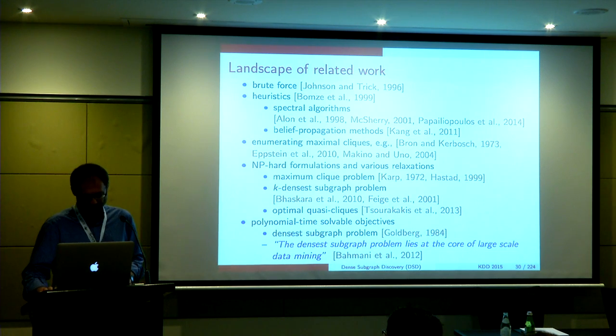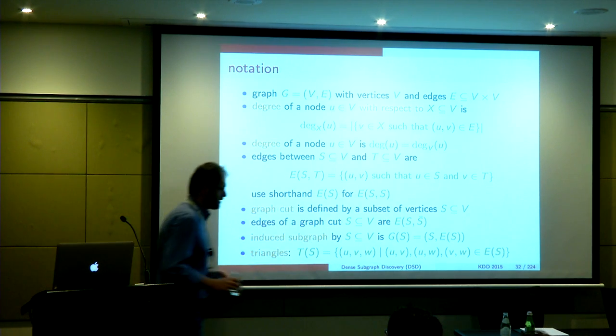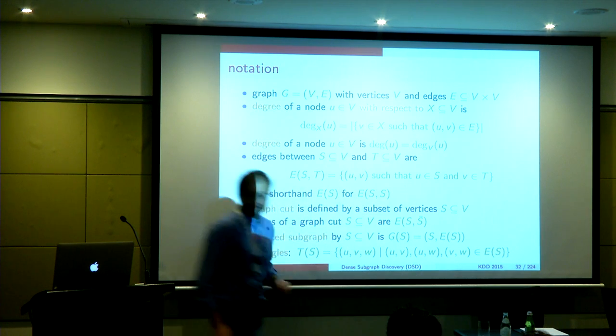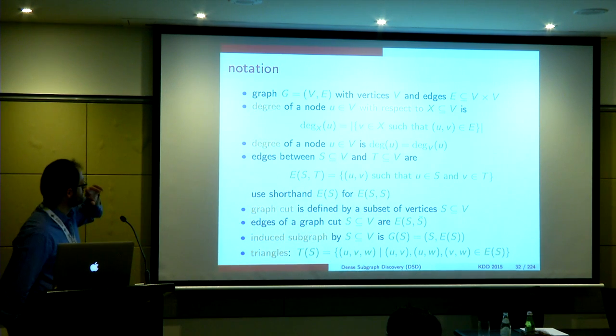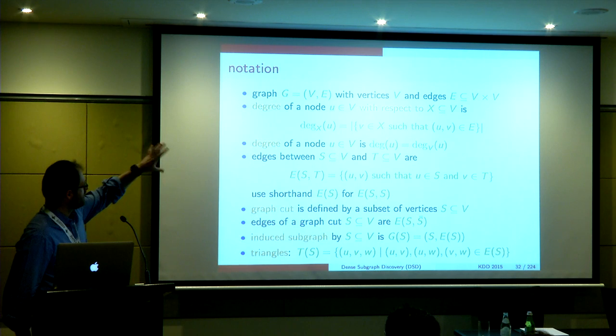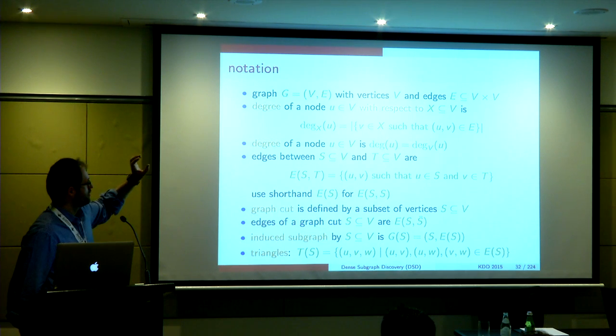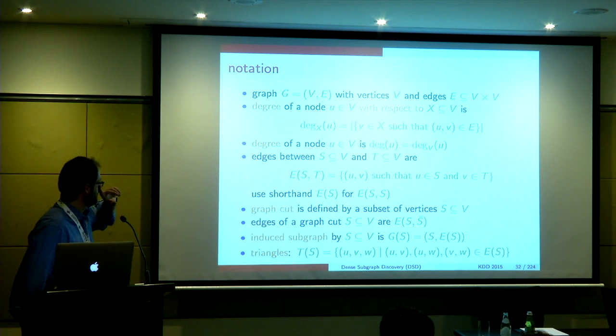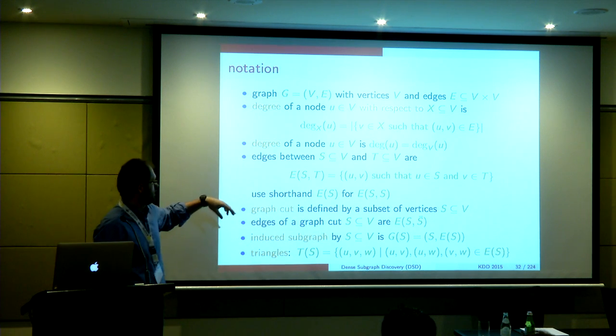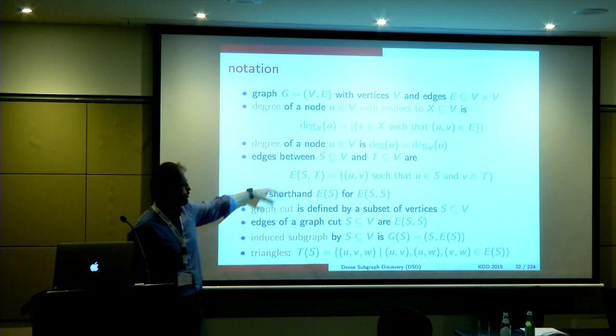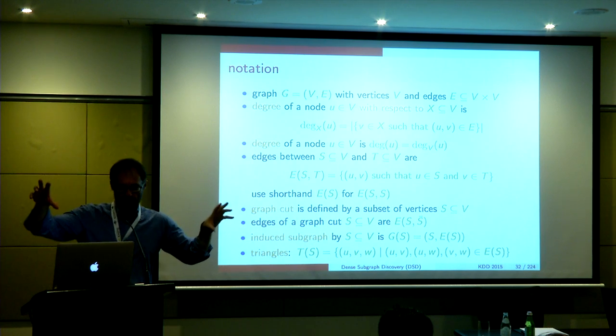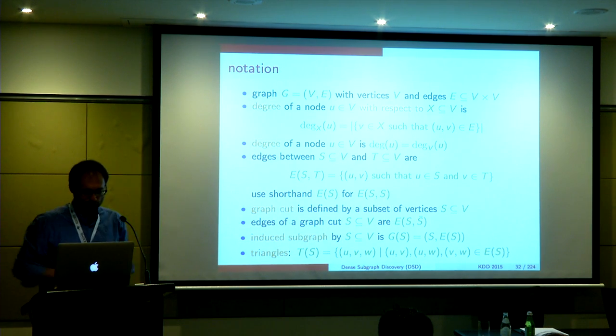Okay, so let's try to define our problem more formally. Some standard notation: I have a graph, vertices, edges. I work with the degree of a graph. I consider edges between two sets. If I have a set S and a set T, I consider the edges in between.